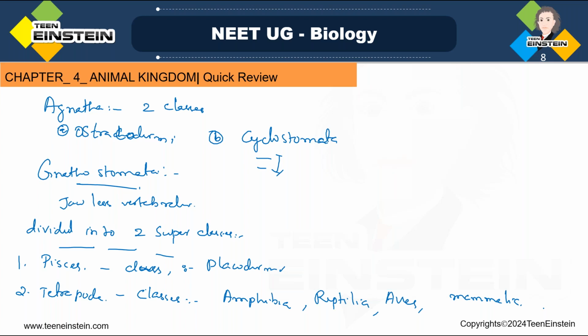Then next comes class Reptilia. Reptilia means they are completely terrestrial and exhibit a creeping mode of locomotion, and the body is covered by dry and cornified skin. Snakes and lizards can shed their scales, right? The external ear opening is absent and is represented by tympanum.